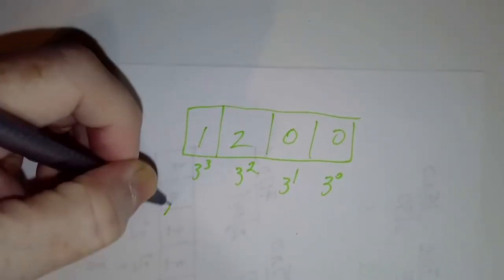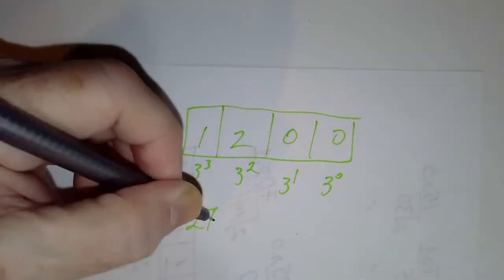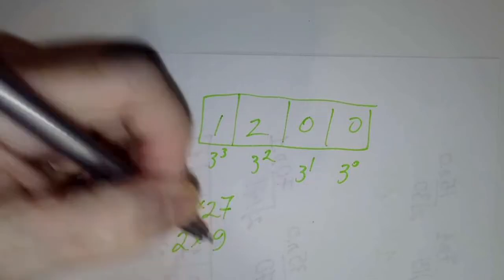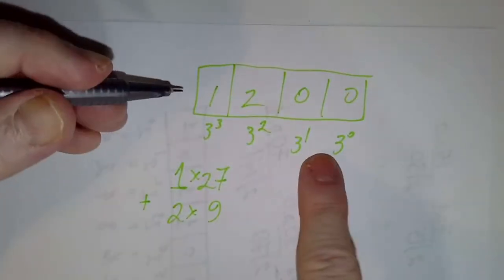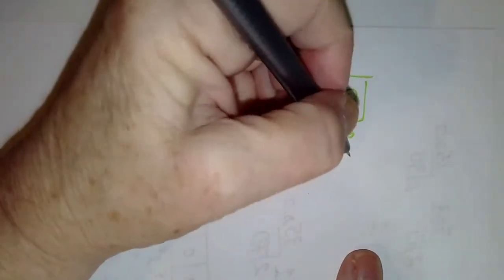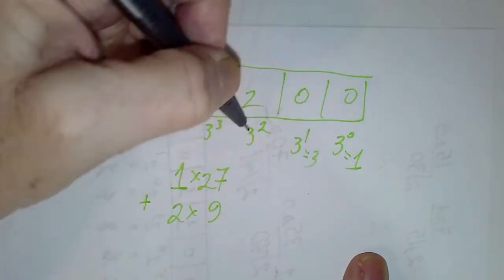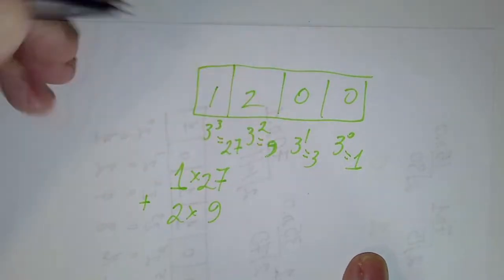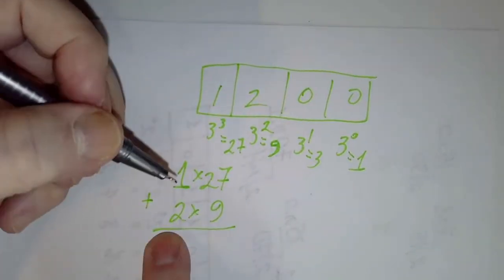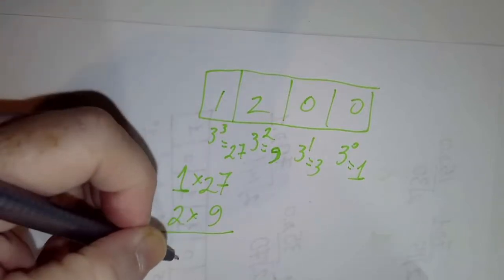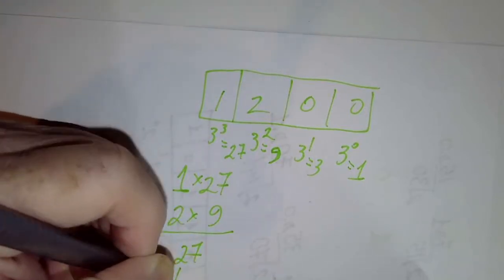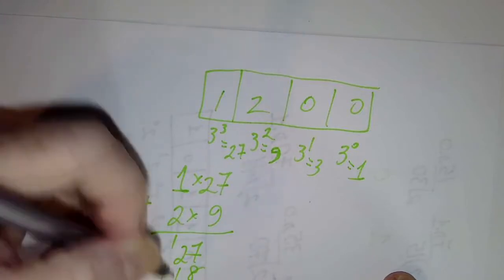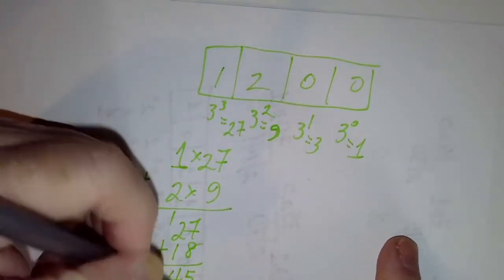We'll have 1 27, 2 9s, and that's it. 0 3s and 0 1s. So let's see. 9 times 2 is 18. This is 27 plus 18. Okay, there we go, 45.